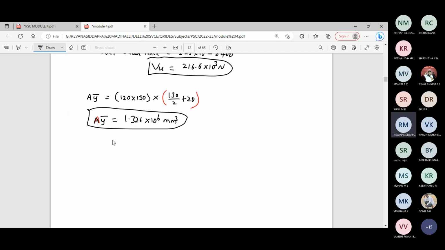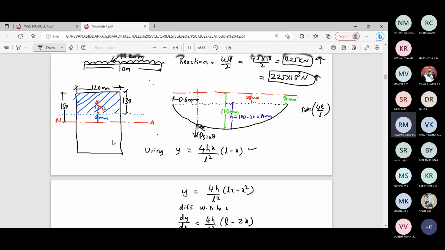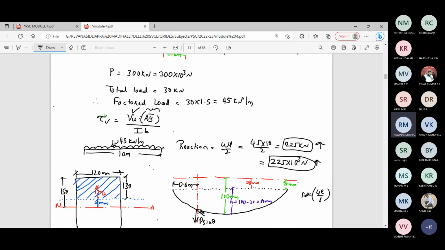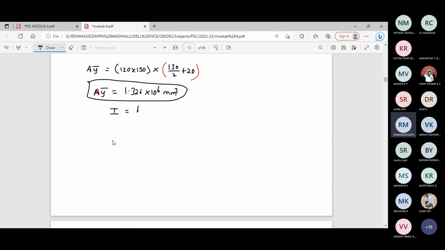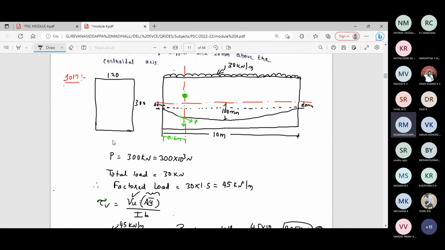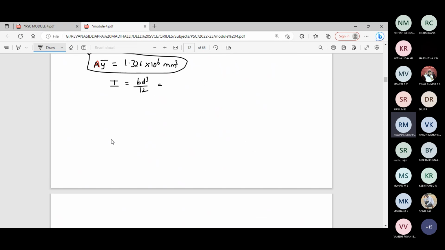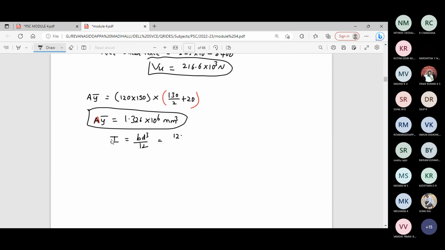Then moment of inertia is there. Ay bar we got, Ib is there, no? I is nothing but moment of inertia. I is equal to bd cube by 12. Width of the beam is given as 120, depth is given as 300. So 120 into 300 cube divided by 12.